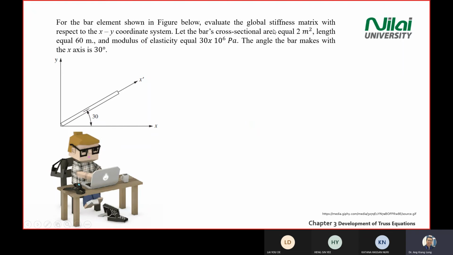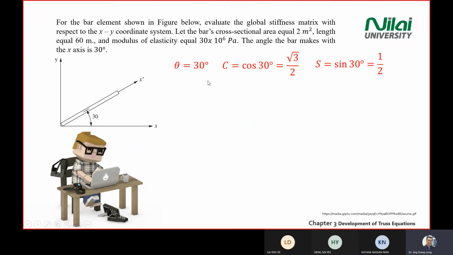So how do we find the global stiffness matrix? Since we are given the angle 30 degrees, and this is quite similar to what we had in our lecture just now, we do the conversion of the unit first, because when you deal with the global stiffness matrix, you deal with cos and sine. So cos 30 equals square root of 3 divided by 2, and sine 30 equals half, or 0.5.